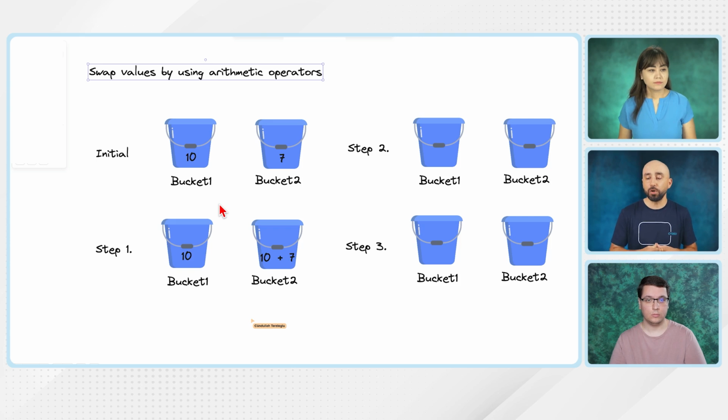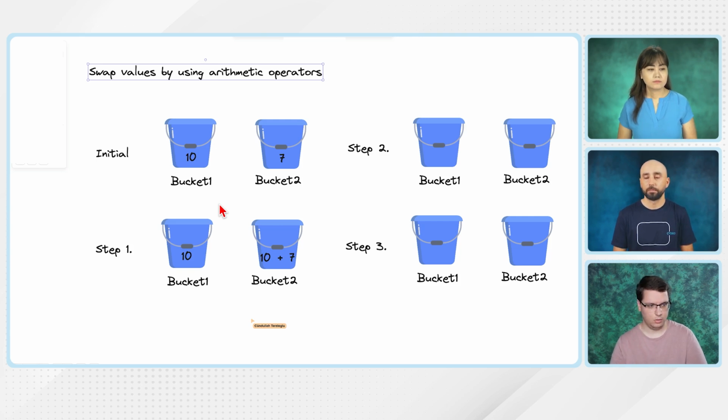What was our initial goal? So we are trying to swap the values, right? So I'm trying to make bucket 1 be 7 and bucket 2 be 10, right? Okay. Then the question is this. If my bucket 2 has 17 and bucket 1 is 10, how can I make bucket 1 be 7?